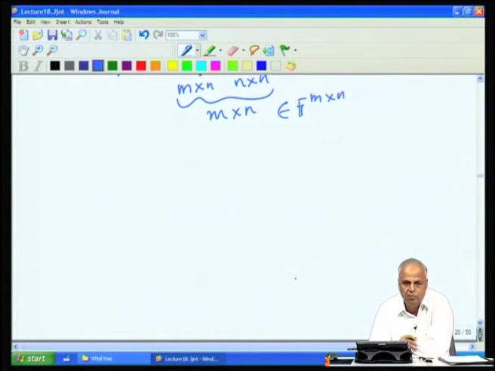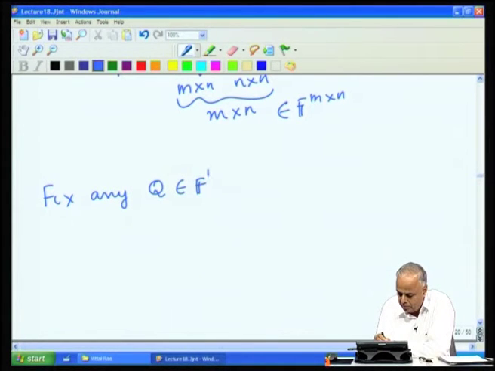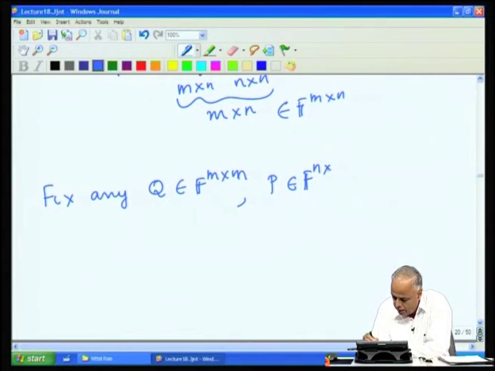Now, just as we did for square matrices, we can combine both left and right multiplications as follows. So, fix any q in F m cross m and p in F n cross n. P and q are both square matrices.